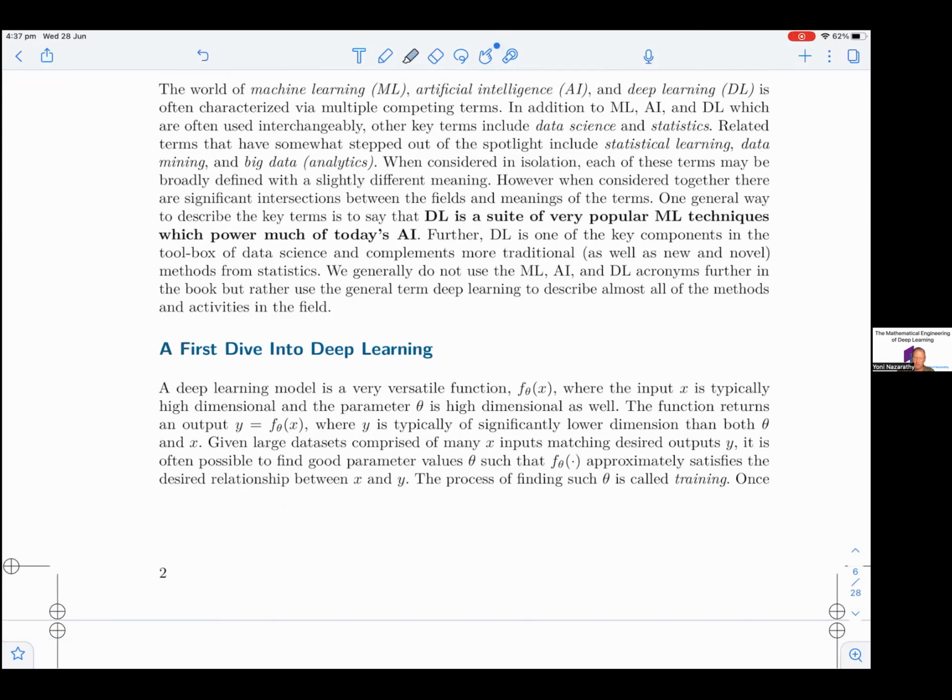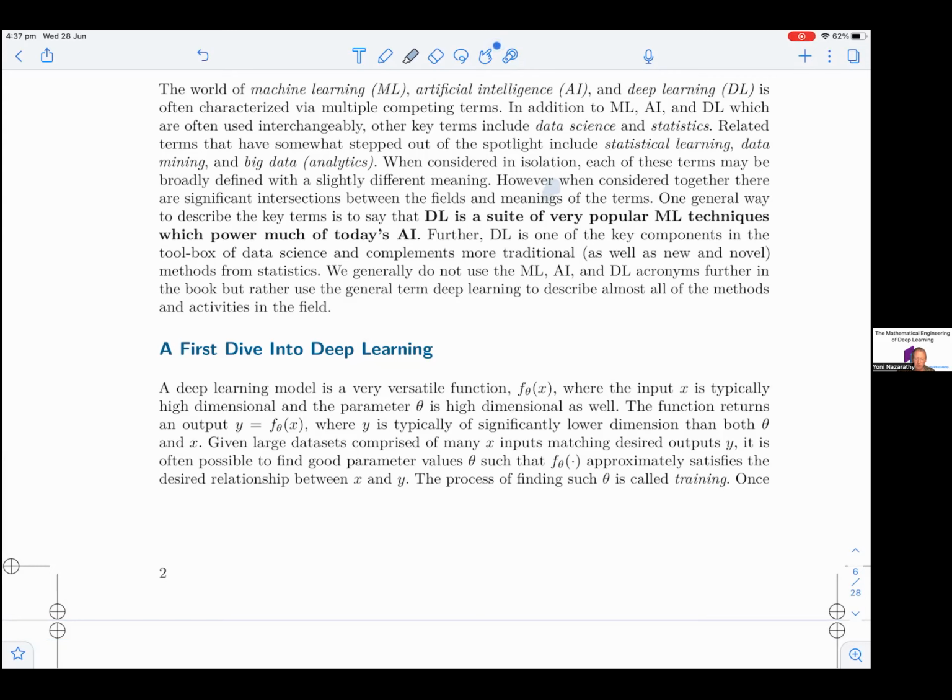Related terms that have somewhat stepped out of the spotlight include statistical learning, data mining, and big data, sometimes big data analytics. When considered in isolation, each of these terms may be broadly defined with a slightly different meaning. However, when considered together, there are significant intersections between the fields and meanings of the terms.